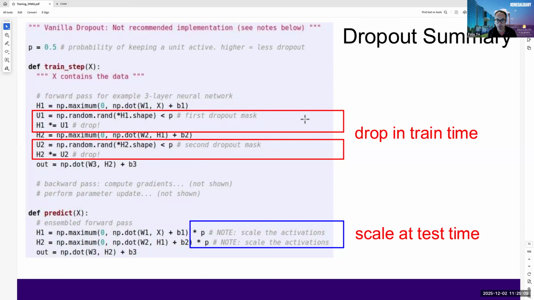We drop out in training, and scale the activations accordingly at test time. So essentially, we are training a large ensemble of models, and at the end we just scale properly, right? So the output will be the expected values.